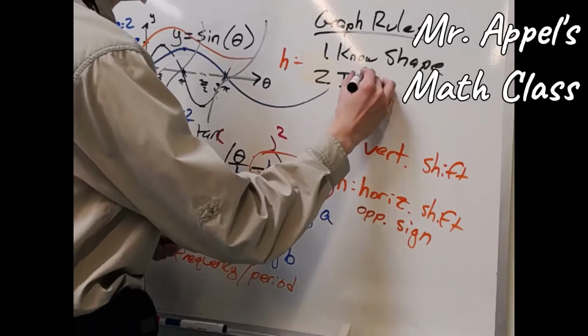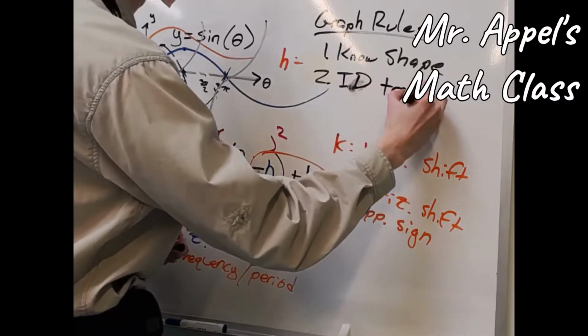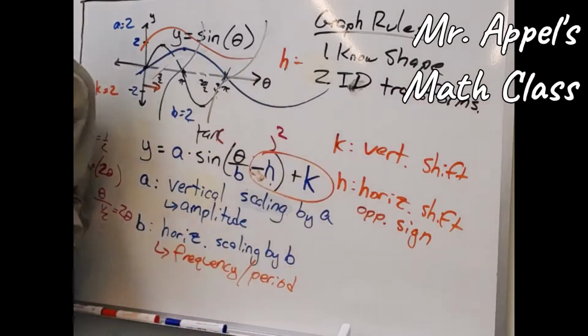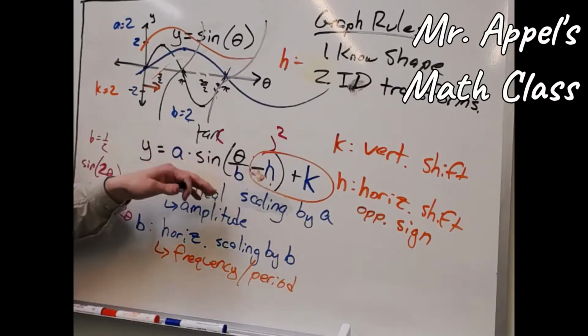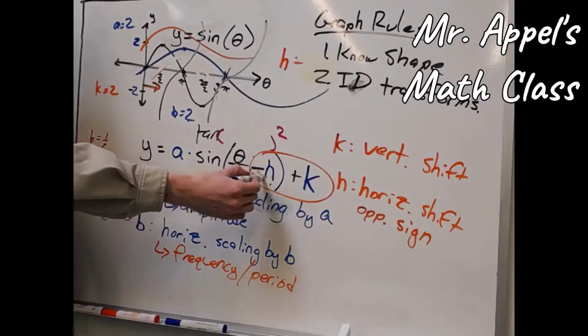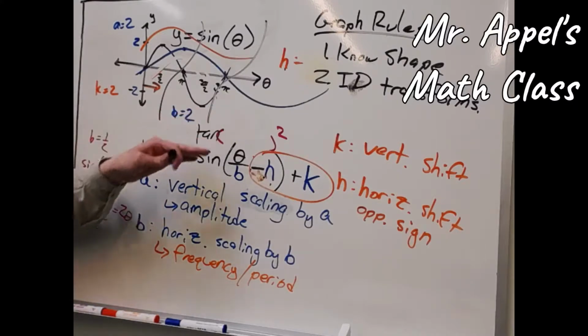And 2, let's ID the transformations. Okay? So that is, go through the rest of the equation and find, this is vertical stretch by this much, horizontal shift by that much, right? List all those out. Find what moved where, how.